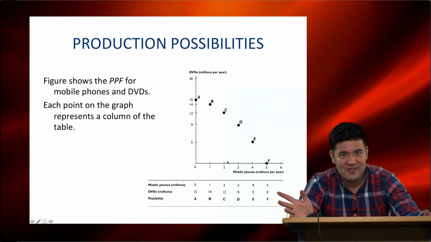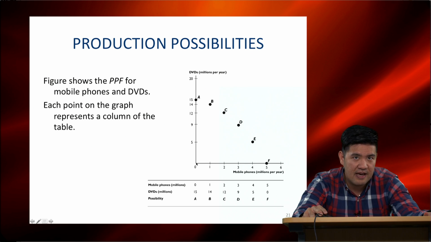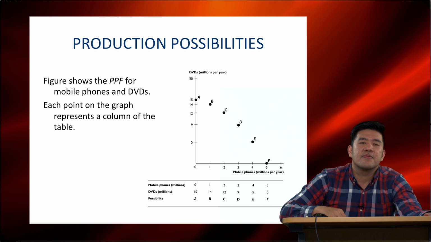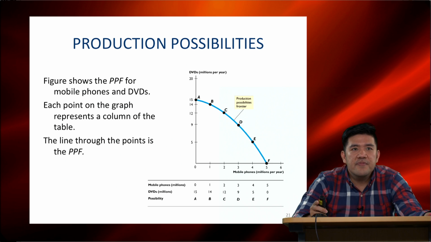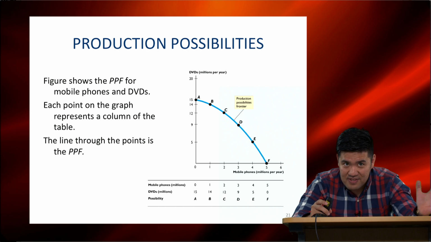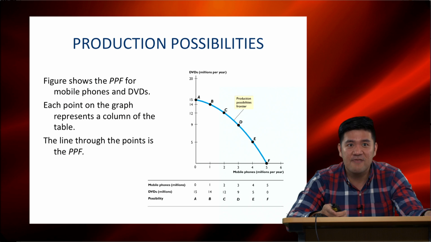On the other extreme, if the country just wants to produce mobile phones, 5 mobile phones, but no DVDs. Connecting all those points, now we've got the line through the points, and we call that the PPF line. The PPF curve.